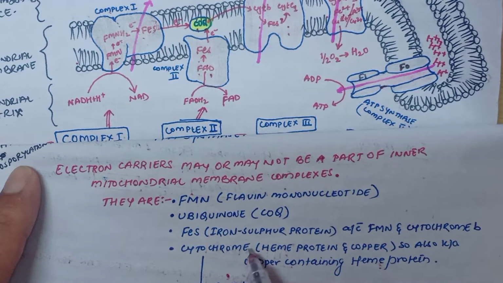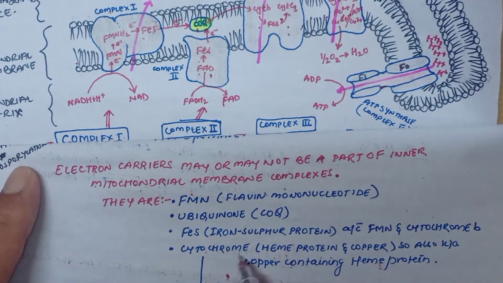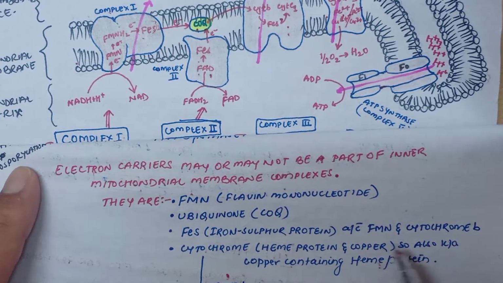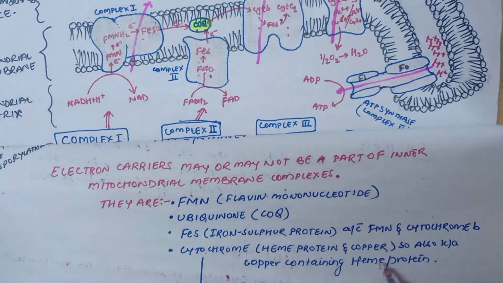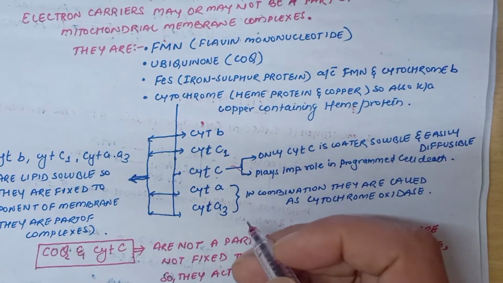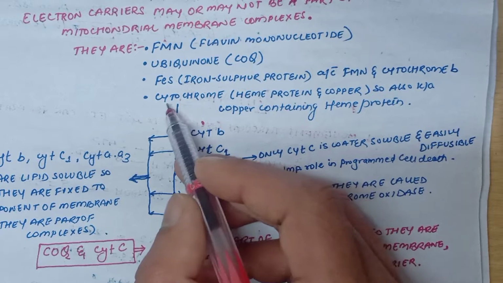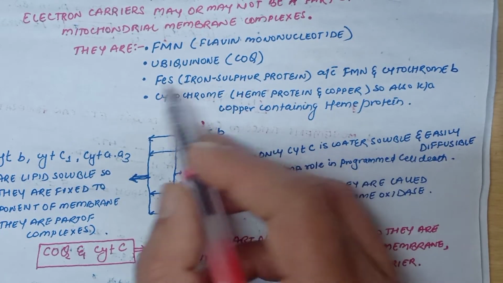These cytochromes are copper containing heme protein. So cytochrome have heme protein and copper, so they are also known as copper containing heme protein.